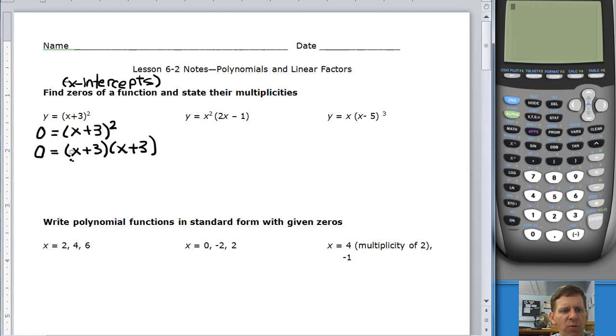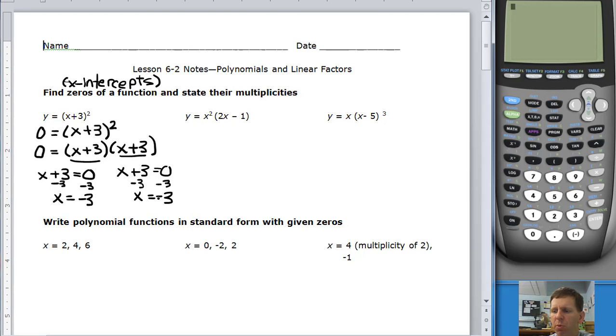If we look at this first thing, x plus 3, if we make this equal 0 and solve for x, we just subtract 3 from both sides, and you get x equals negative 3. If you figure out what x has to equal here to get 0, it's the same problem. If we make x plus 3 equals 0 and subtract 3 from both sides, we get x equals negative 3 again.